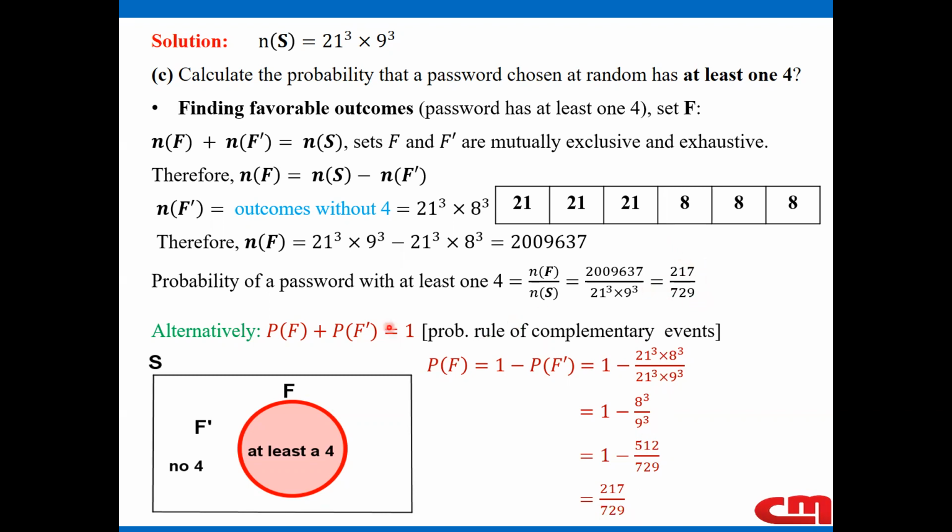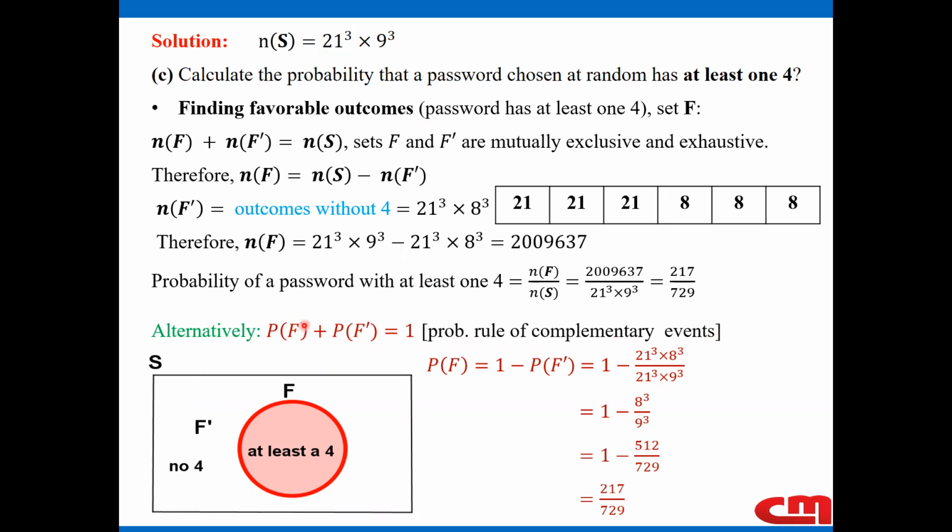So here, it's a question of using the concept of mutually exclusive and exhaustive in terms of the number of elements in the set F, its complement and the universal set. Then you can also use the probability rule of complementary events.